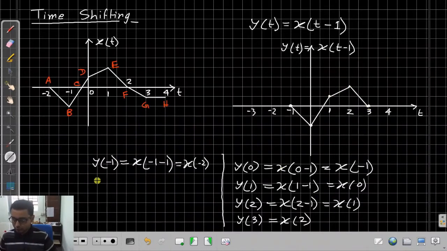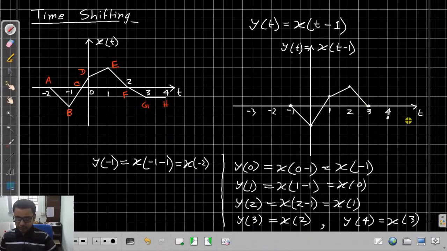Okay. If we go further, y of 4 will be the same as x of 3, and x(3) is minus 1, so this point.